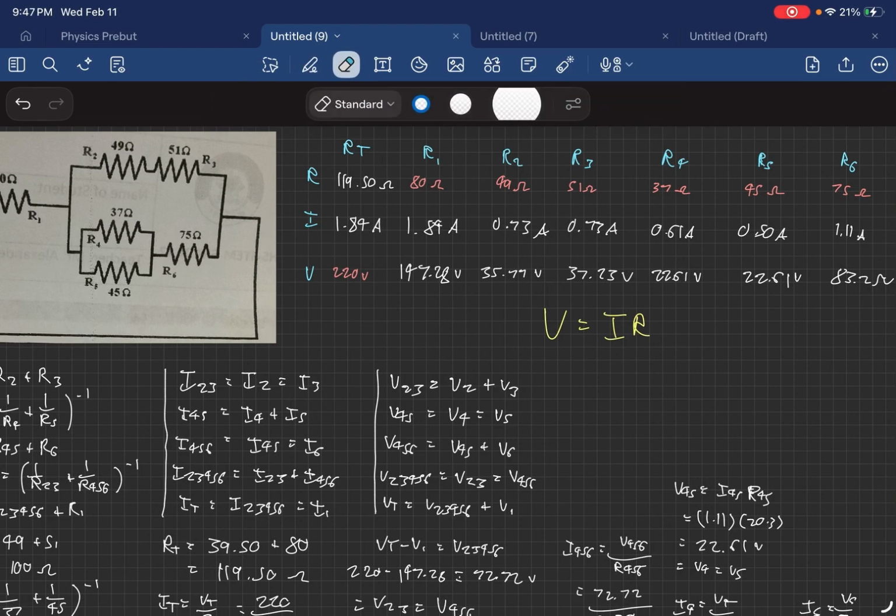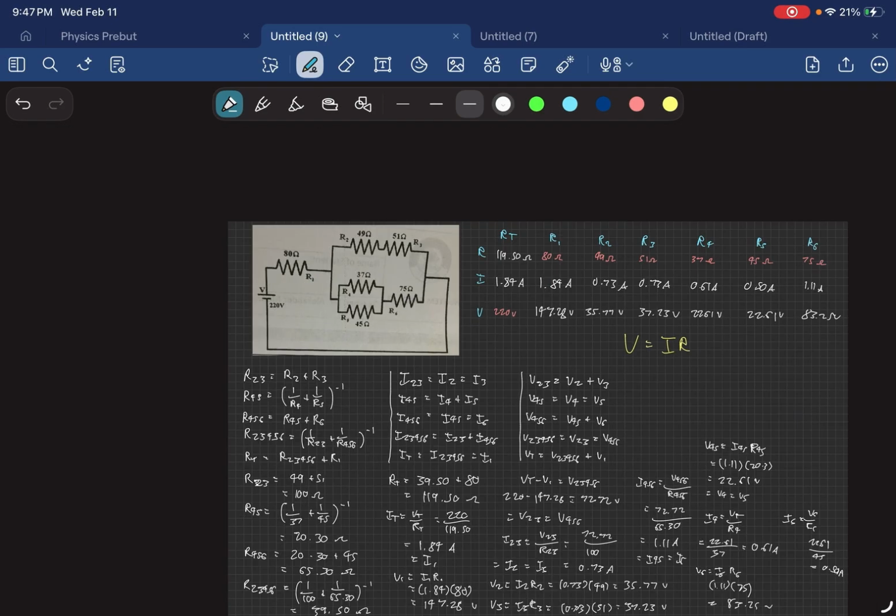You can do the same with your current. Let's say I2 plus I6. What is I2 plus I6? That should equate to your total current.